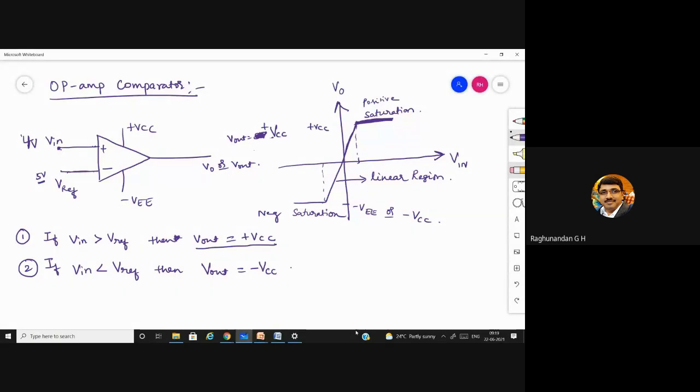Reference voltage is 5, input voltage is 4. Case 2, right? According to that, V output should be equal to minus VCC.